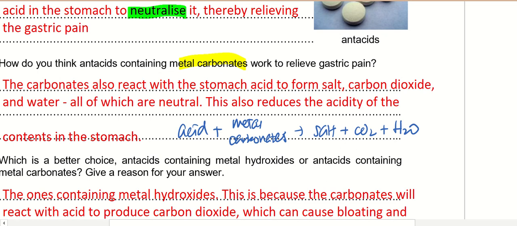All right. So you can see that acid here is acidic, of course, in nature. Metal carbonates, essentially, carbonates are salts, so they're kind of neutral. On the left hand side of the equation, overall you have some acidic stuff, because of the stomach acid. But if you look at the products at the end of the day, all these guys here are neutral. So you can imagine, my stomach is full of acids.